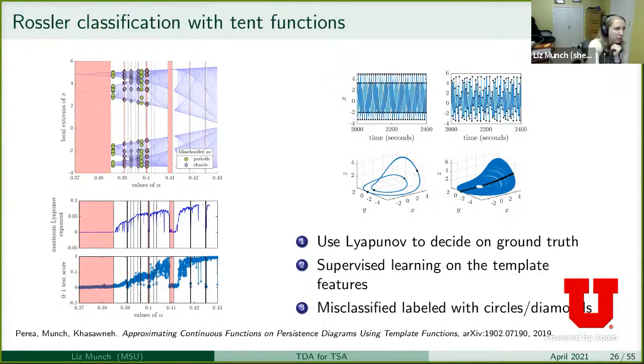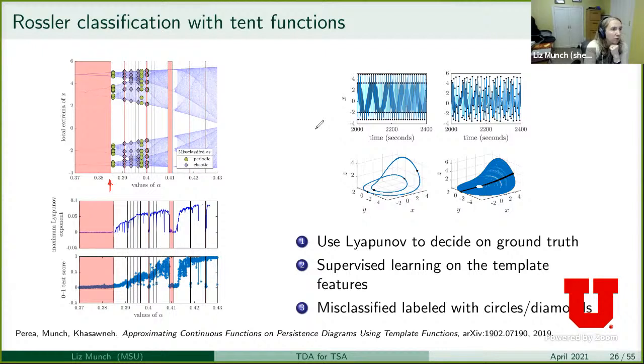Every choice of alpha down here gets me a different time series, and every time series gets me a persistence diagram representation. We tried to classify the time series as periodic or chaotic, based on having some ground truth of that labeling.